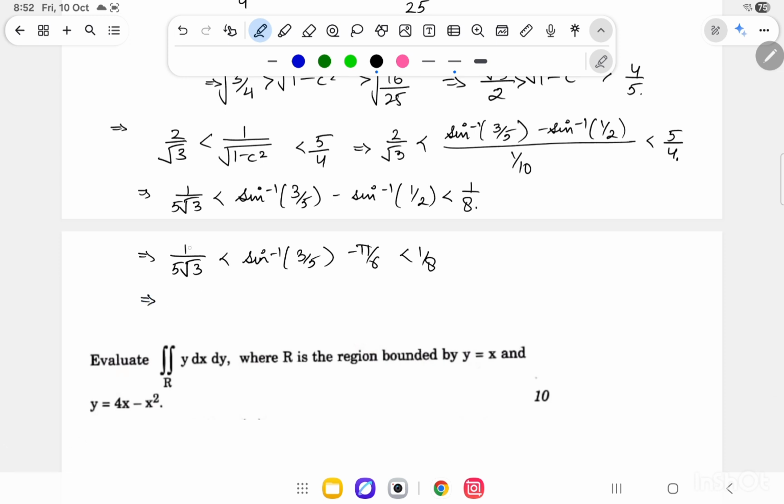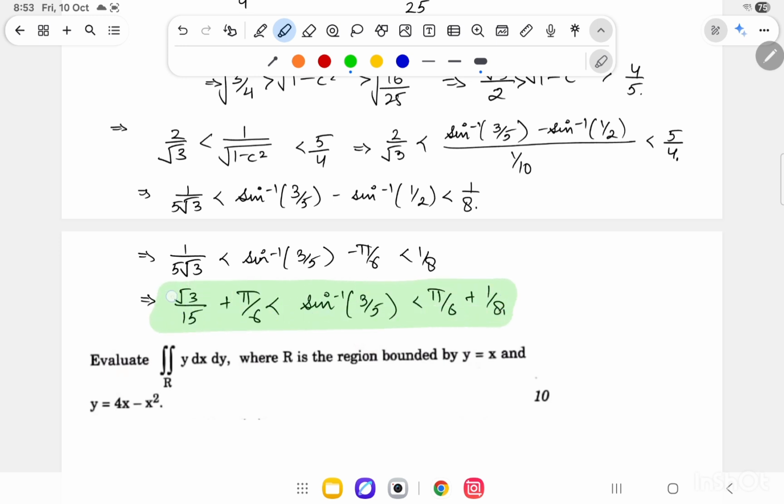Also I can multiply and divide by root 3, so it will be under root 3/15 plus pi/6 less than sine inverse 3/5 less than pi/6 plus 1/8. And this is the relation that we were supposed to prove in this question.